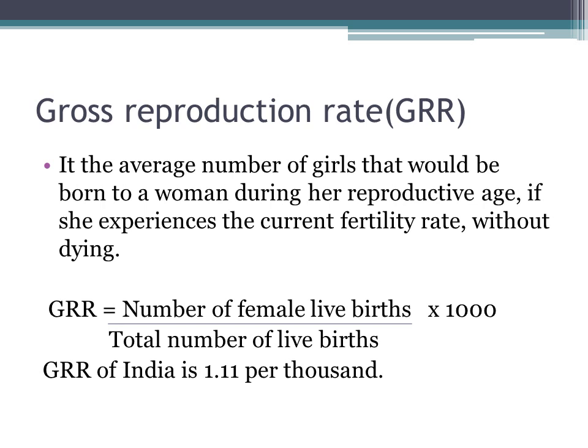But here in the gross reproduction rate, we only take into consideration the average number of girls that are born to a female, because it is the girls who take up the function of reproduction. So it is computed by dividing the number of female live births by the total number of live births multiplied by 1,000. The gross reproduction rate of India is 1.11 per 1,000.